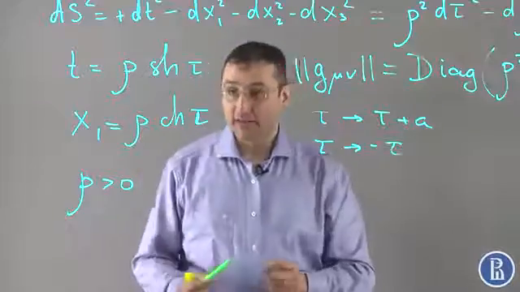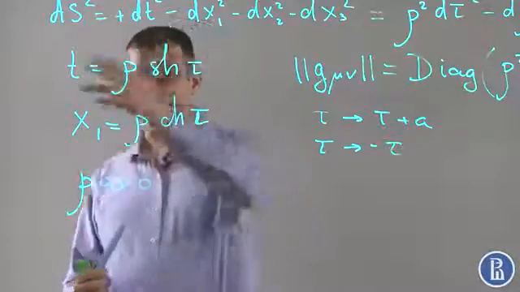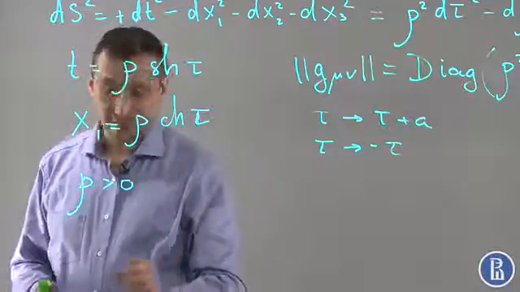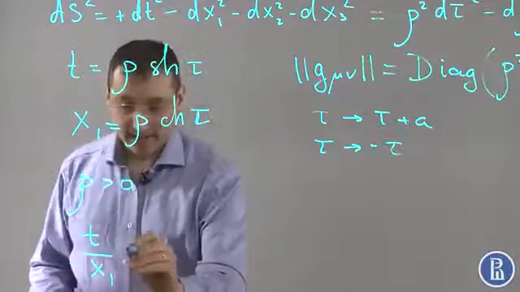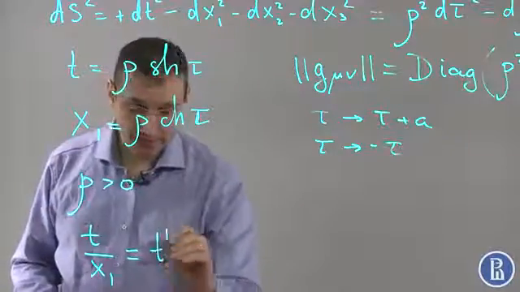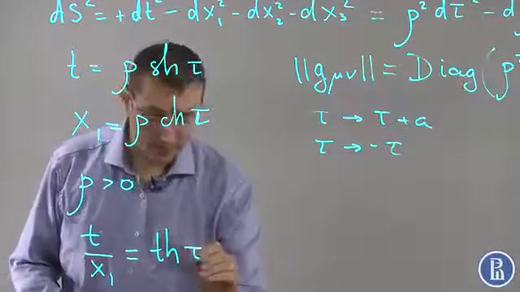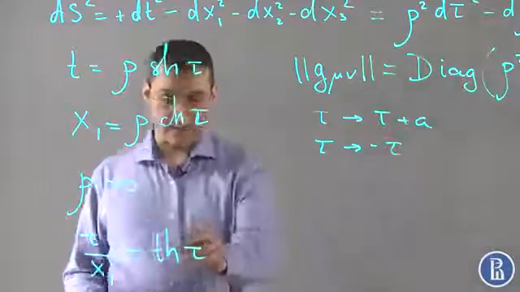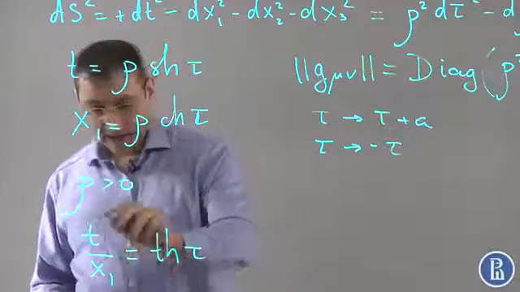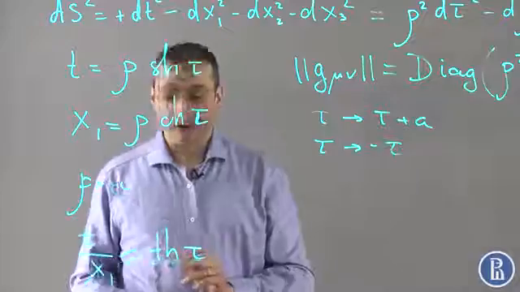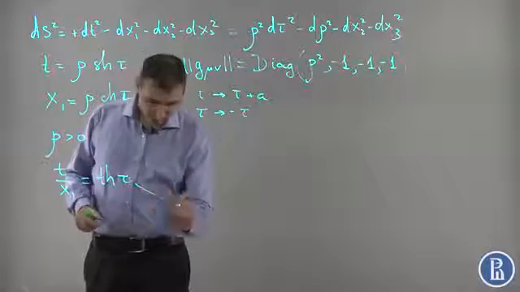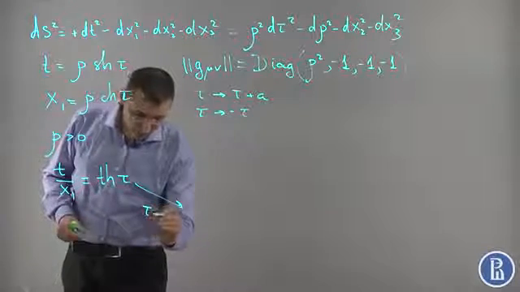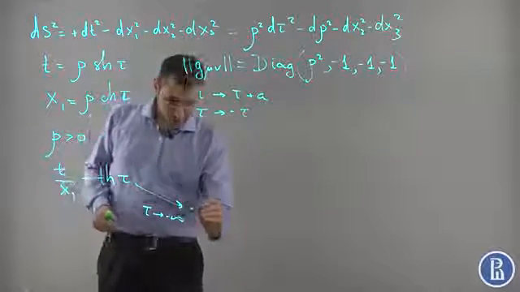Then one can see that if one divides t by x1, one obtains that this is just hyperbolic tangent of tau, which means that constant tau are just straight lines passing through the origin. As tau goes to minus infinity, this goes to minus 1.